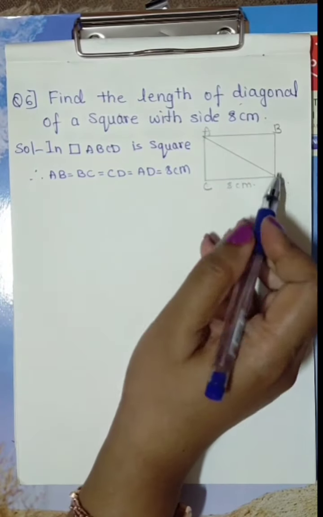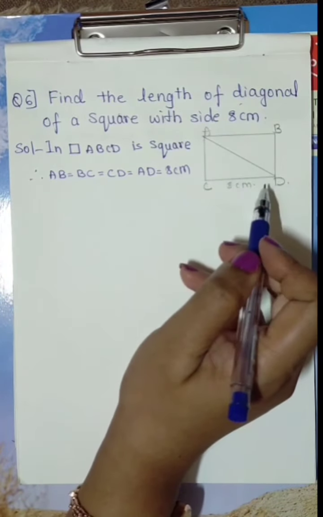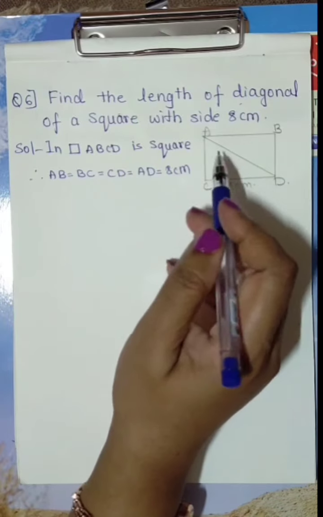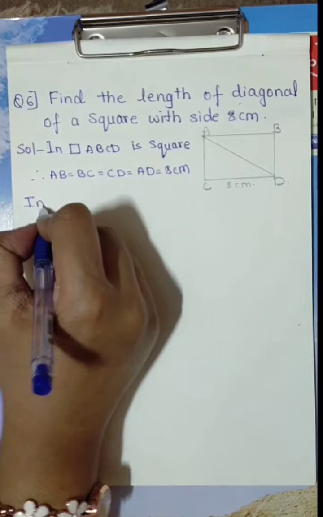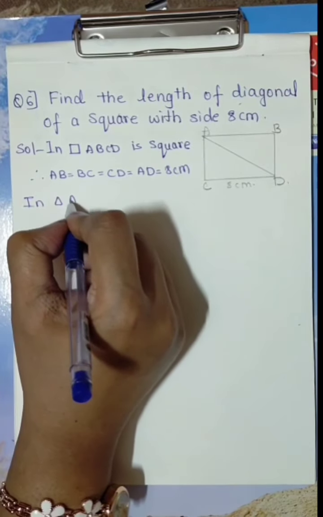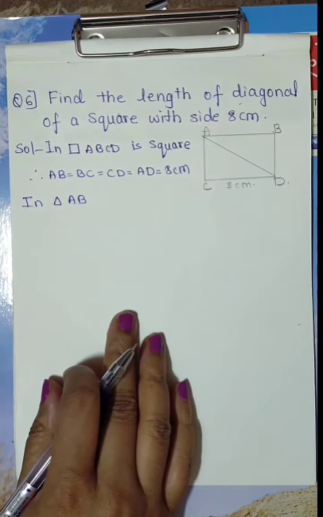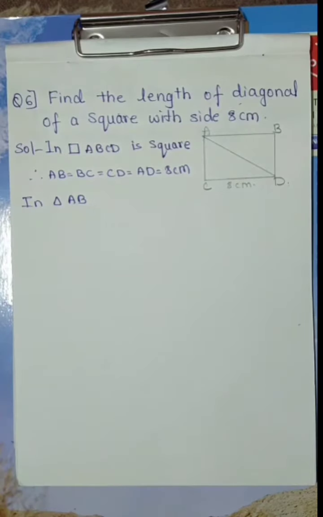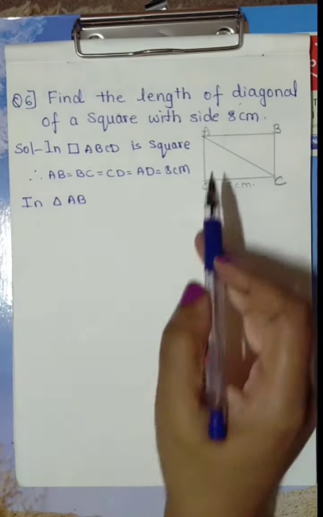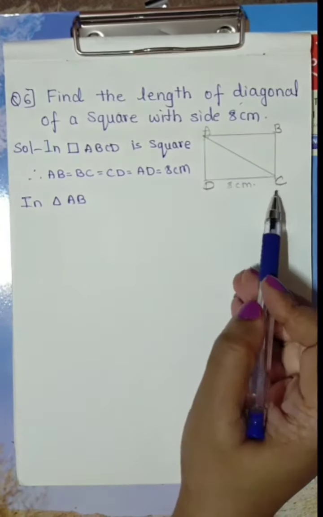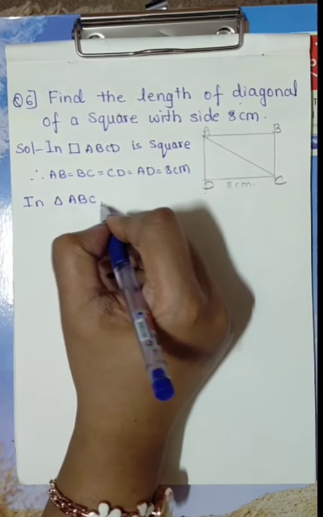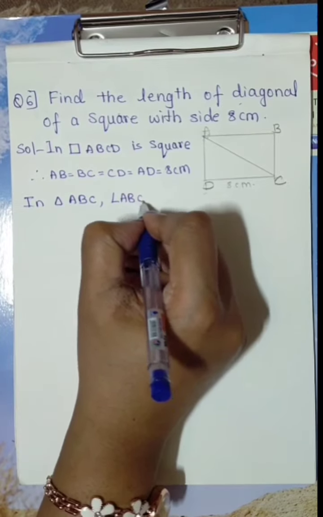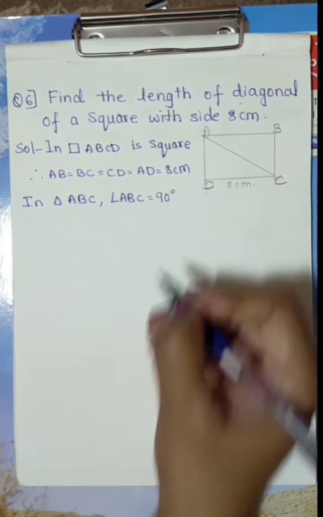So we have equal sides with equal length. Now in triangle ABC, angle ABC is 90 degree.